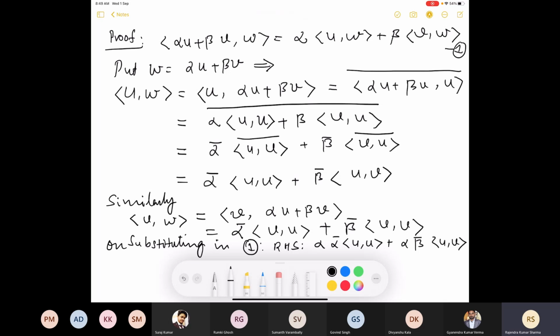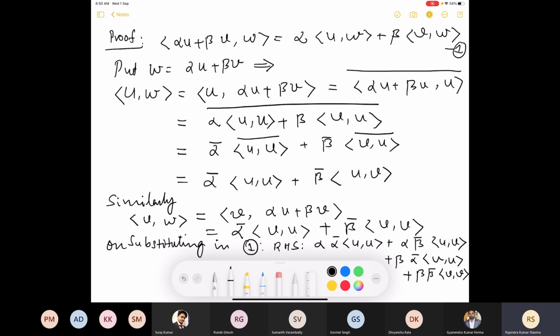When you substitute for v comma w, plus beta is outside, v comma w will be alpha bar v comma u plus beta beta bar v comma v. Now this you can see is the same as we desired, because beta alpha bar is same as alpha bar beta.